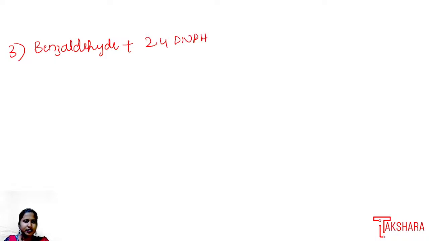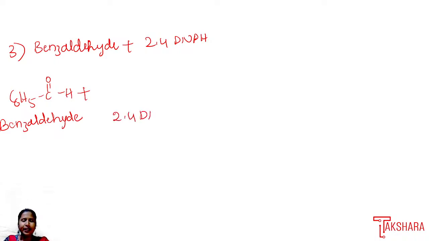Benzaldehyde, the formula is C6H5 C double bond OH. So this is benzaldehyde. When this benzaldehyde is treated with 2,4-DNPH, what does that mean?